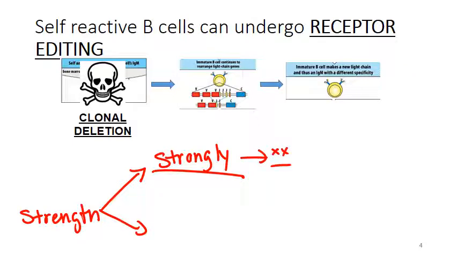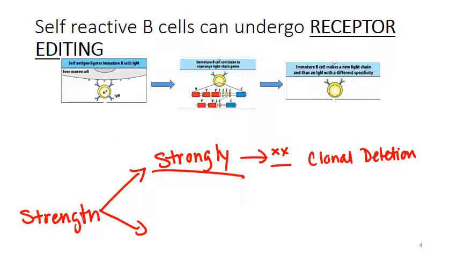This is known as clonal deletion. So basically any cell that responds really, really strongly to a self-antigen is going to be killed, and that's clonal deletion. Now, here's where things get a little bit sneaky, okay?